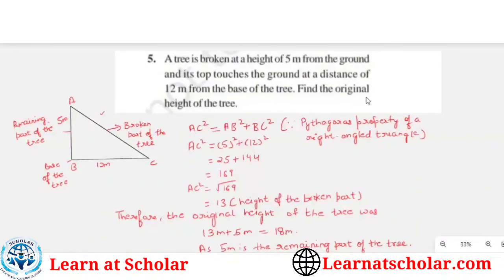Next question, question number 6. Angles Q and R of a triangle PQR are 25 and 65. Right, which of the following is true? Let's find out. The sum of the three angles of a triangle is equal to 180 degree, angle sum property.